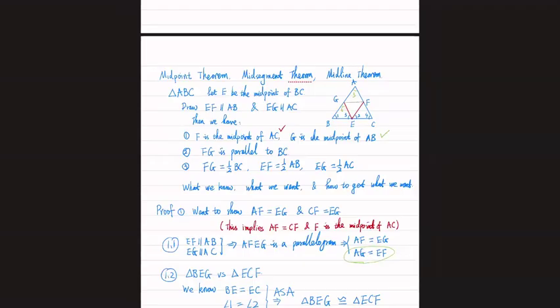Okay, so a simpler reason is these two lines are parallel. I claim these two angles must be the same. Tell me why. Because EG is parallel to AC.